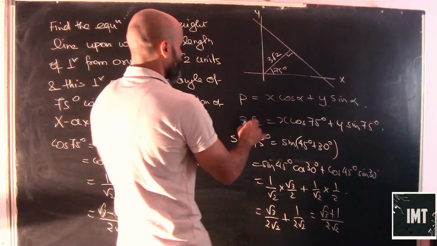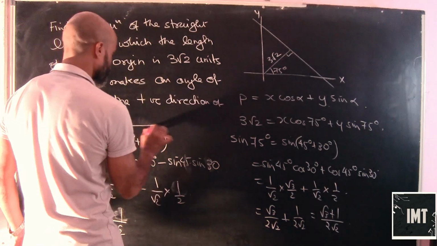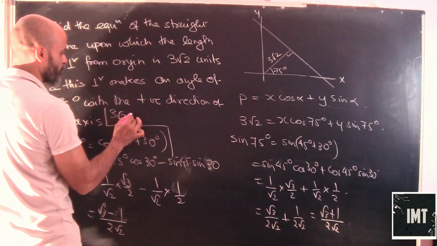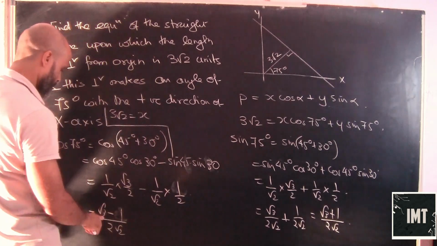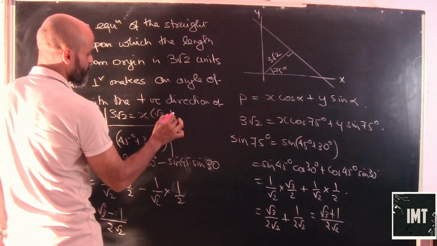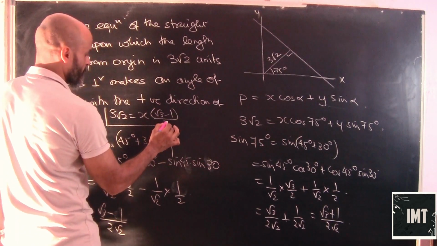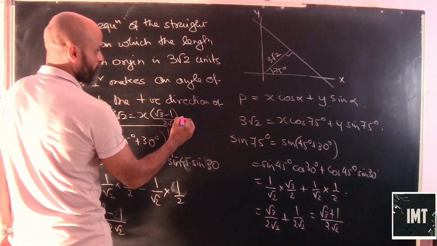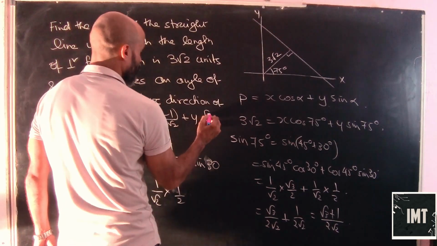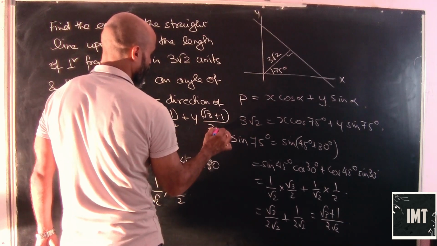Now putting the values here, 3 under root 2 will be equal to x into under root 3 minus 1 by 2 under root 2, plus y into under root 3 plus 1 by 2 under root 2.